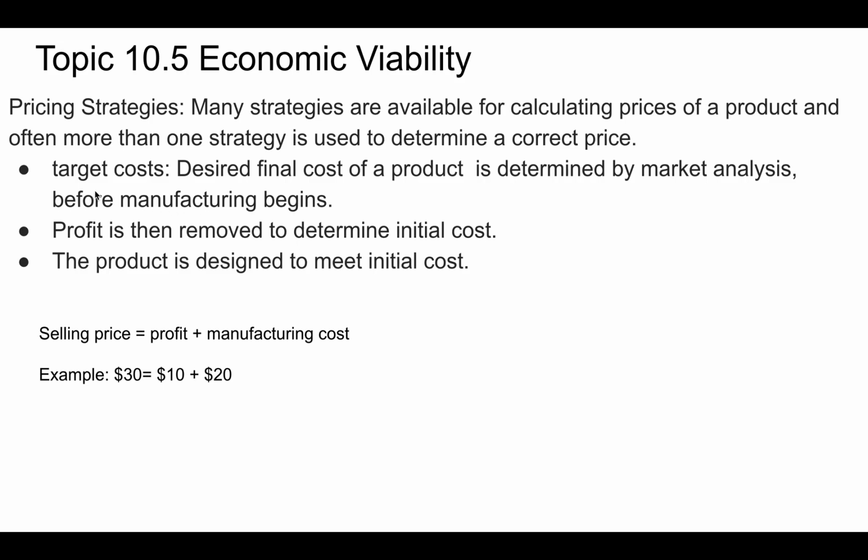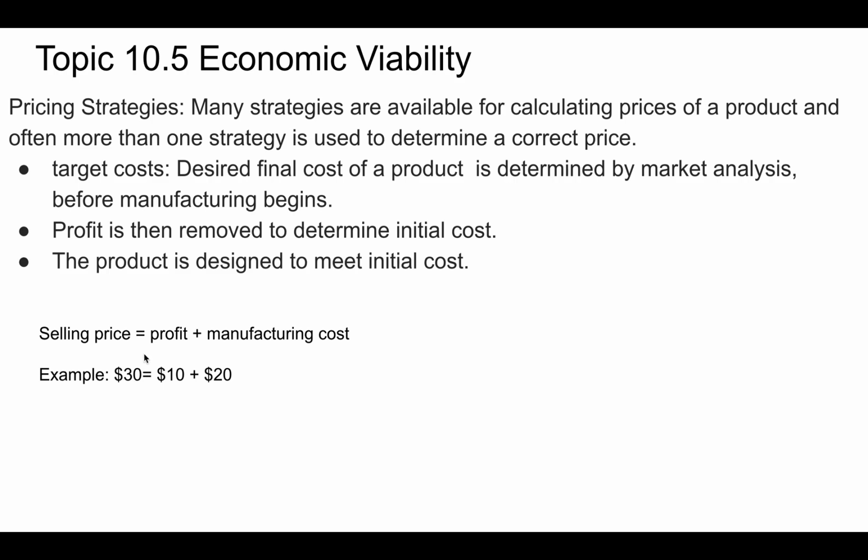All right, target costs. These are desired final costs of a product, and it's usually determined by market analysis before the manufacturing even begins. Then what you do is remove your profit margin, and you're going to design to make sure that you can fit it within that manufacturing or initial cost.